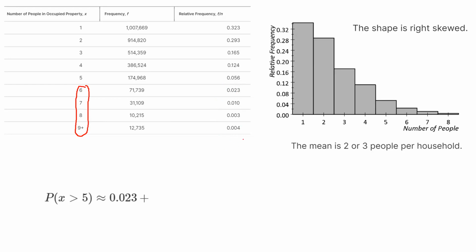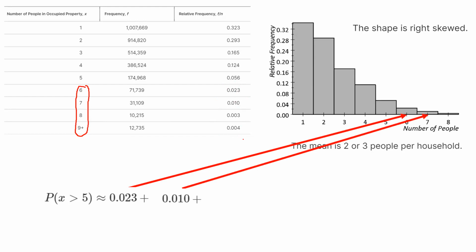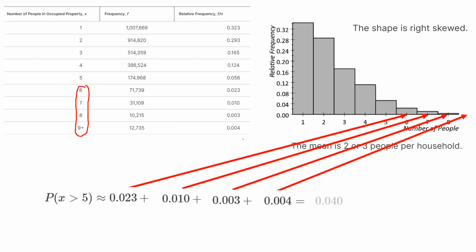Take a look. The very first probability or area is related to 6. The second one is related to 7, which is 0.010. Then you have the probability for x equals 8, which is 0.003. And finally, you have the probability for 9 or more, which is very small, but it counts here. You get 0.004. If you add these all together, the probability becomes 4%.